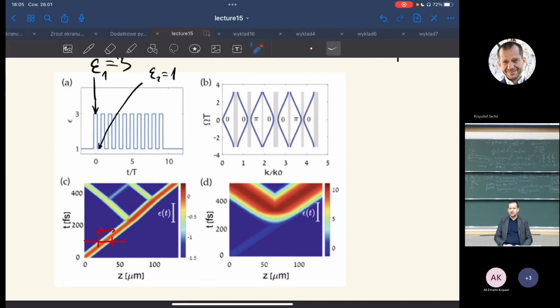We can, of course, because this is the output of our life. It comes from the solution of the Maxwell equation.